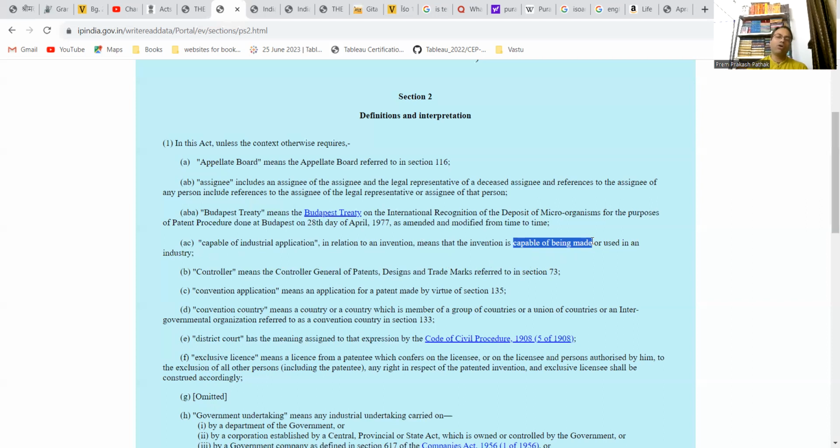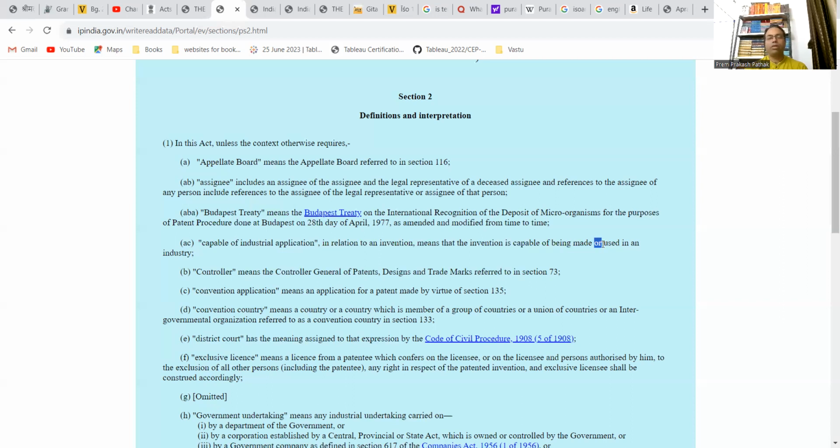So it is not saying capable of being made and used in an industry. Here you can see "and" is not mentioned. It says "or", meaning this or that. It can be made in industry or used in industry. So a question may be asked: capable of industrial application means capable of being made and used in an industry.